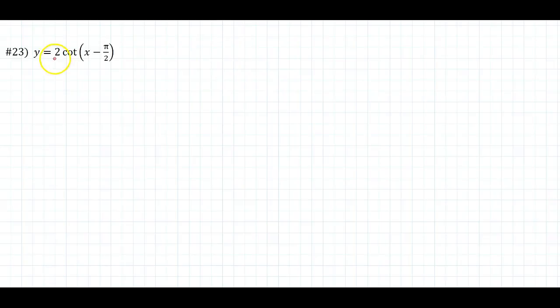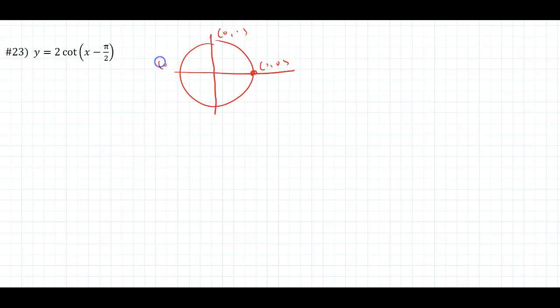Remember we said that the amplitude doesn't really affect the graph. It just makes it a little bit skinnier. But if we think about the cotangent on a regular unit circle, remember these are the points (1, 0), (0, 1), (-1, 0), and (0, -1).